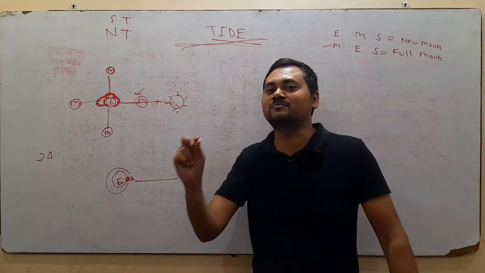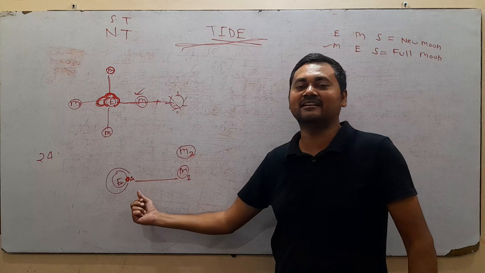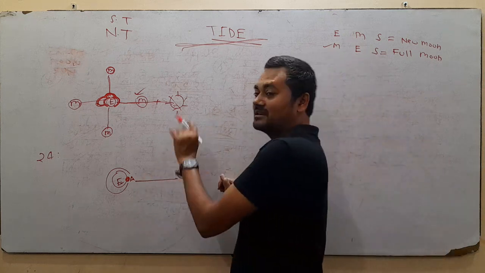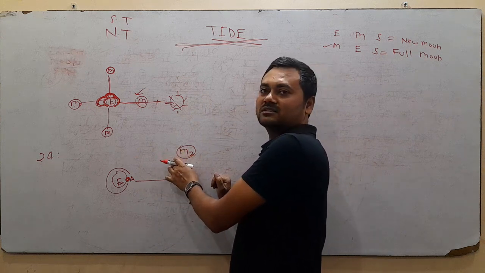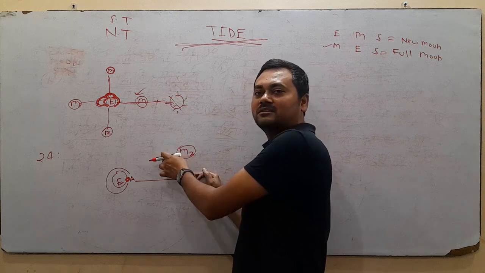So you can experience the spring tide exactly at place A, when A is coming exactly just below this M2 position, because the moon has covered some distance.